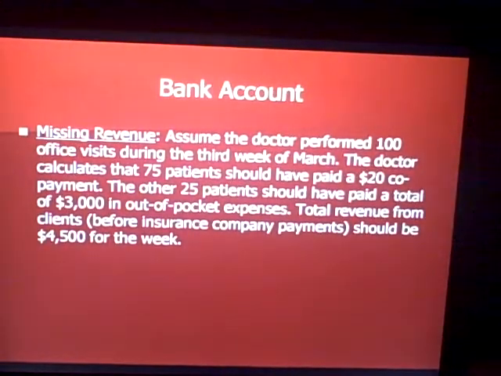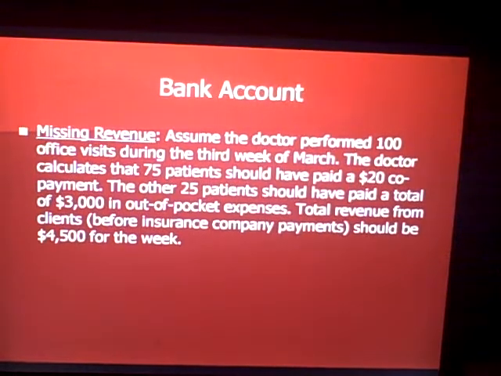How much revenue could be missing? Well, let's assume a doctor performs 100 office visits during the 3rd week of March, maybe 20 a day for 5 days. The doctor calculates that 75 patients should have paid a $20 copayment. We've all done that. The other 25 patients should have paid a total of $3,000 in out-of-pocket expenses, things that aren't covered by insurance that they have to pay for.